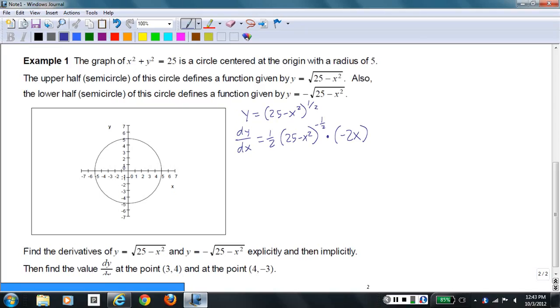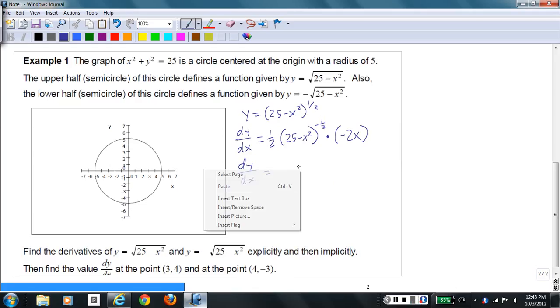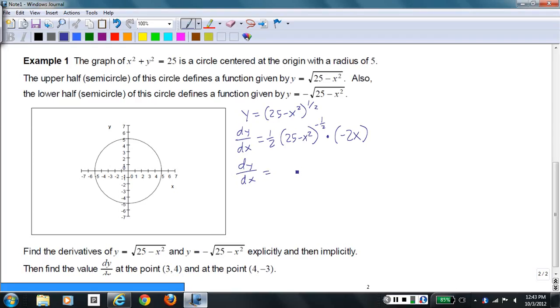And then we simplify. dy/dx equals 1/2 times... there must be a neat, clean way to do this. But I don't think writing the 1/2 there really helps. I want to write a fraction, with 25 minus x squared to the 1/2 power in the denominator.